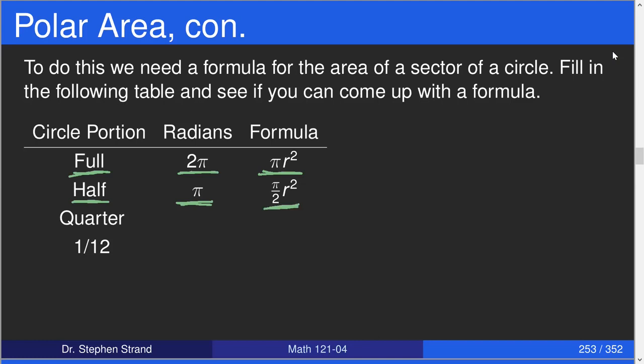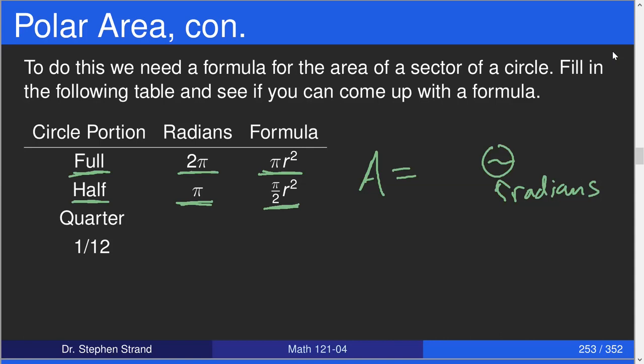So what I'd like you to do is pause the video, take a couple of minutes, and fill out the rest of this table and see if you can come up with an equation for the area where somebody tells you the angle measure in radians, and you can tell them the area of the sector of a circle that has that radian measure.